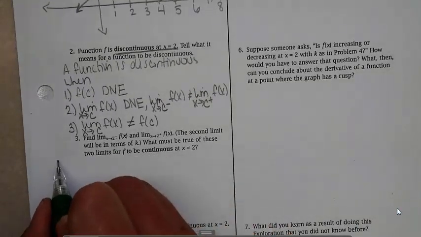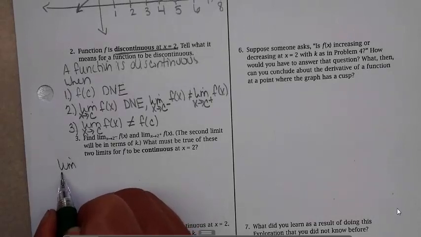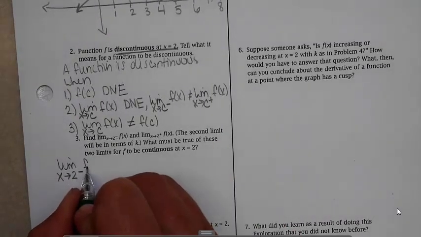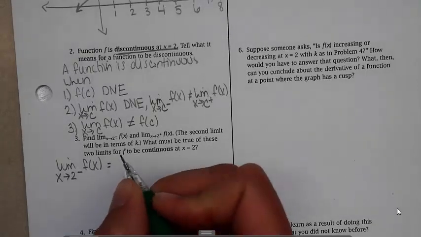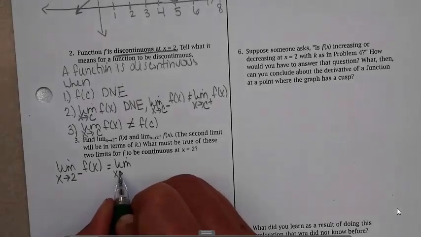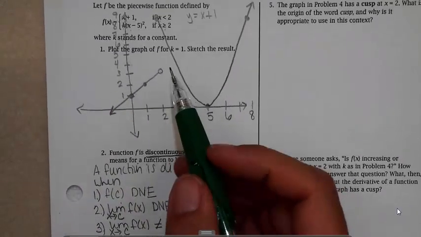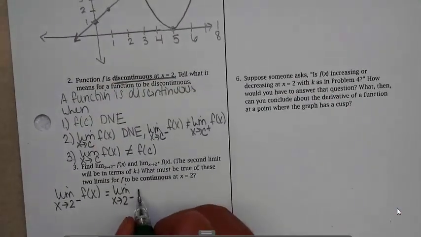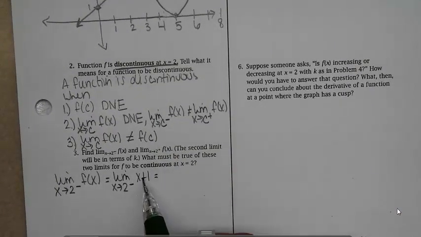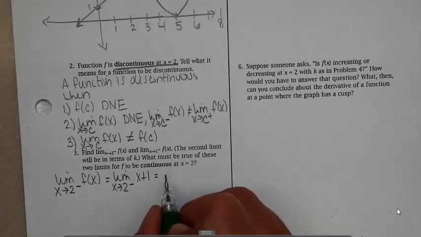All right, so then I'll use proper notation. The limit as x approaches 2 from the left of f of x equals the limit as x approaches 2 from the left of that first piece, x plus 1. If I plug 2 in, do I get something out? I do. Nothing's undefined there, so I can just plug it in.